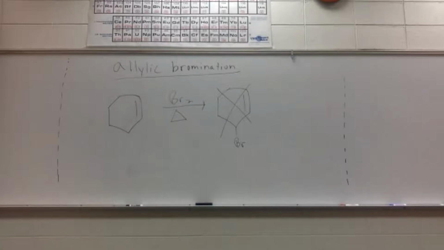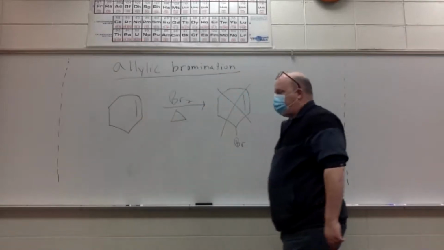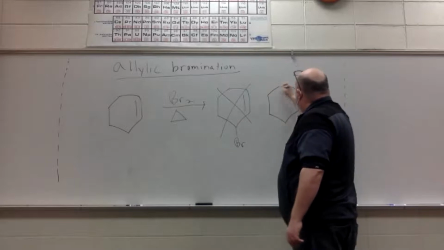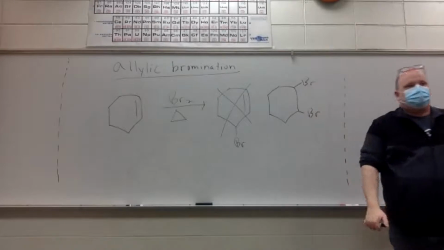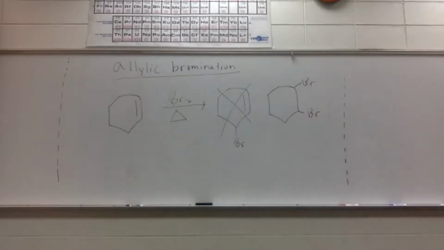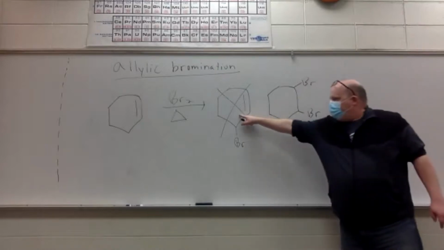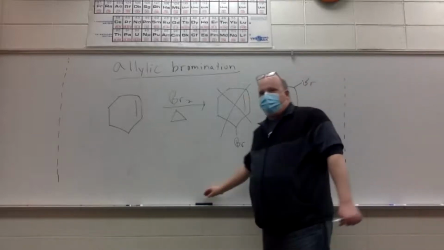Halogenation of an alkene, yeah. We've already learned that if you have an alkene and you add Br2 to it, it doesn't matter if you have heat or not. You're going to get an addition to the alkene group, preferably over a radical substitution. So if you want to make this right here, you can't add Br2 and heat. That's sad.